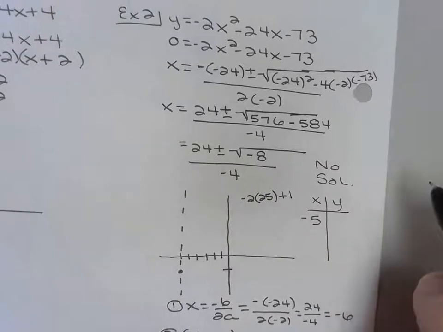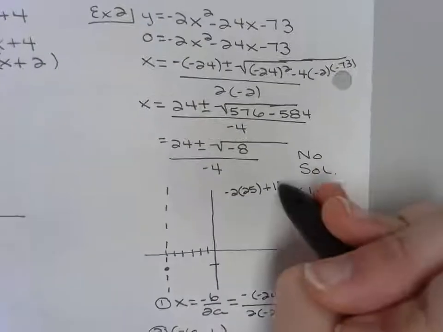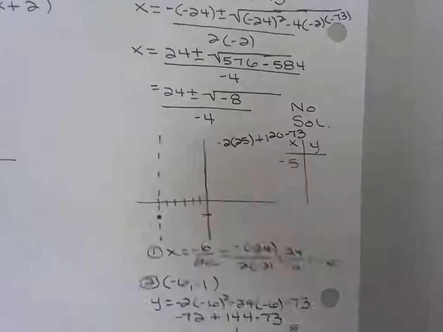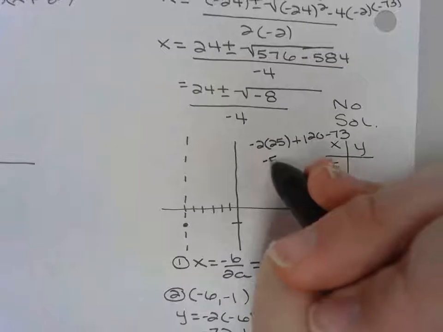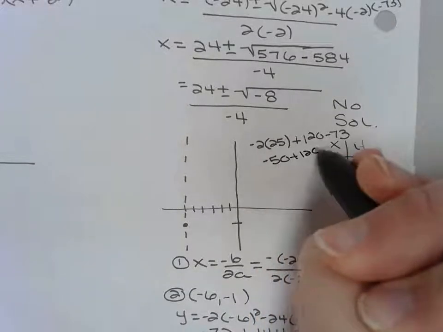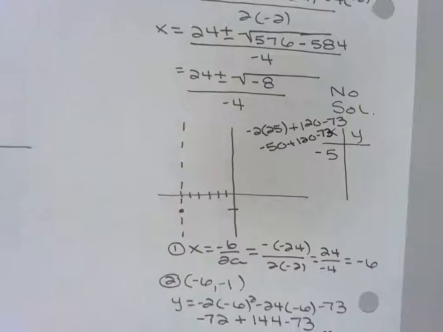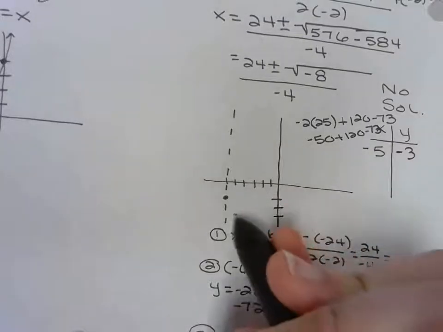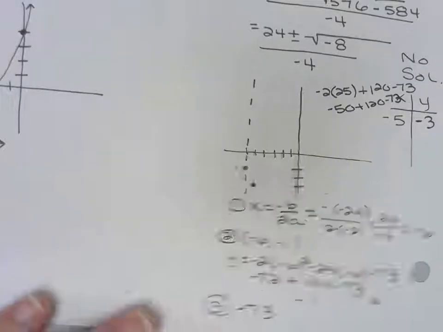Positive 120 minus 73. And then negative 50 plus 120 minus 73, which is negative 3. So if I graph this, negative 5, negative 3, down here somewhere, I have 2 points.